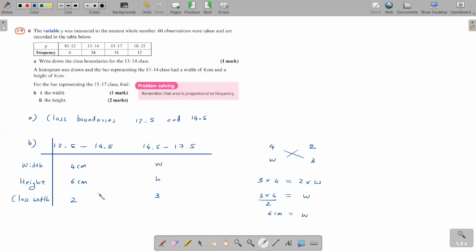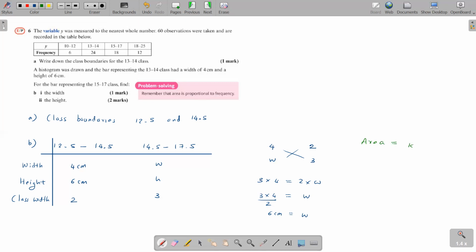So in these situations we will go for area equals k times frequency. Remember, why are we going with that? Because the height of the bar comes with the frequency density, isn't it? So we'll have to get the height by using the area equation.